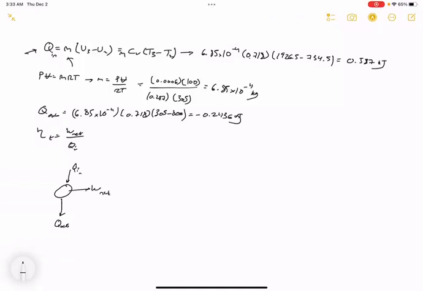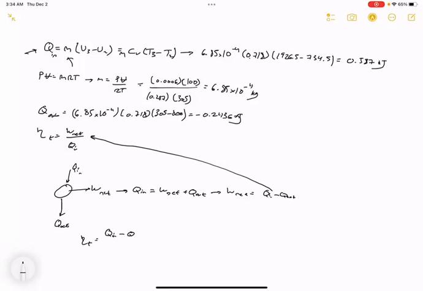By the first law of thermodynamics, what goes in must come out. So Q in equals net work plus Q out, which means net work equals Q in minus Q out. Putting this in, the thermal efficiency equals (Q in minus Q out) over Q in, which simplifies to 1 minus Q out over Q in.